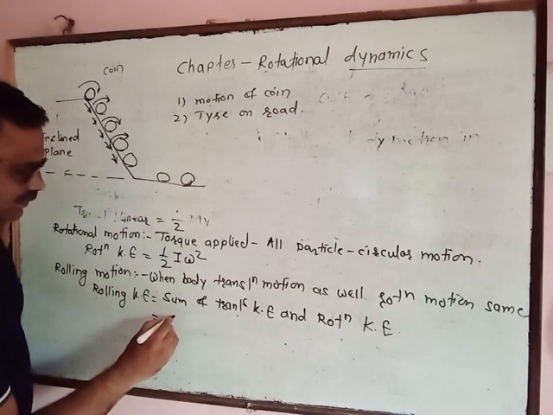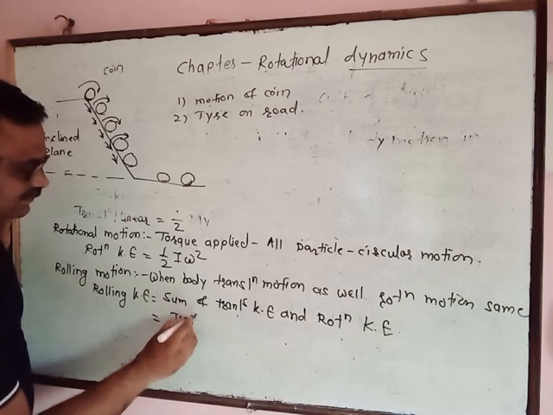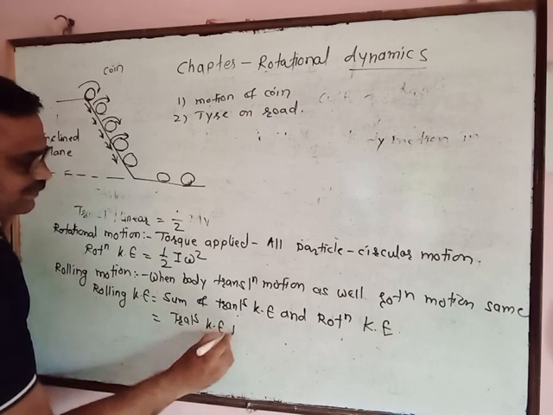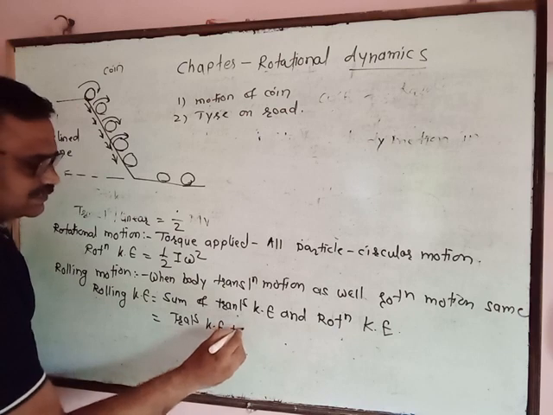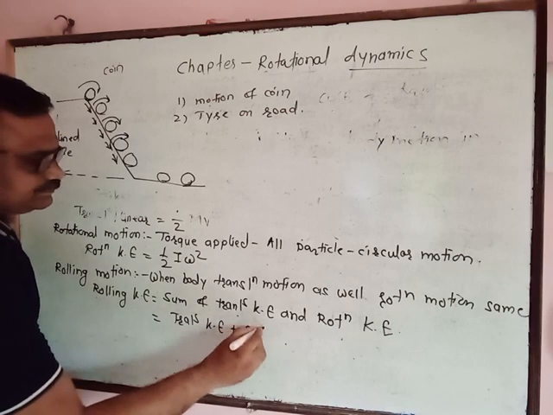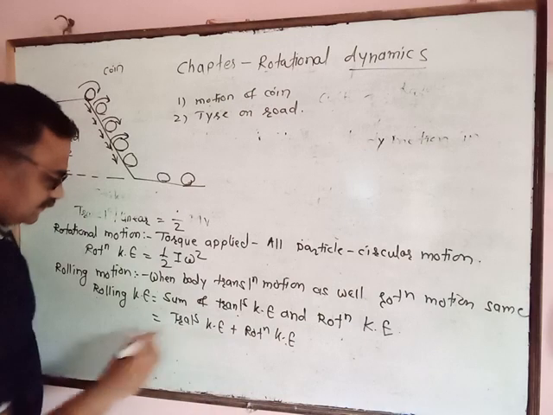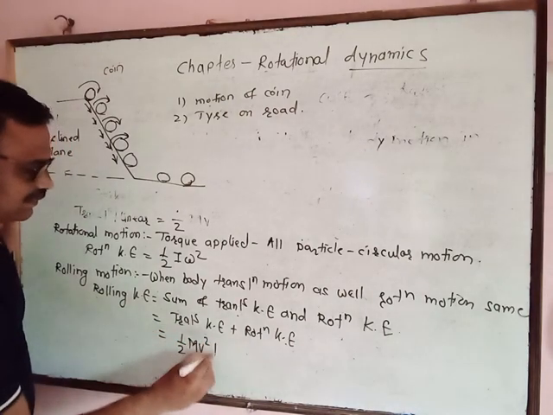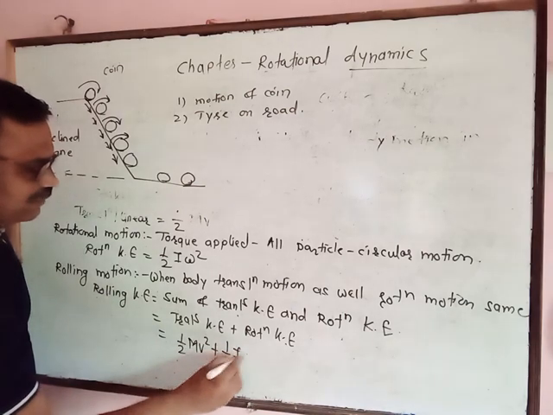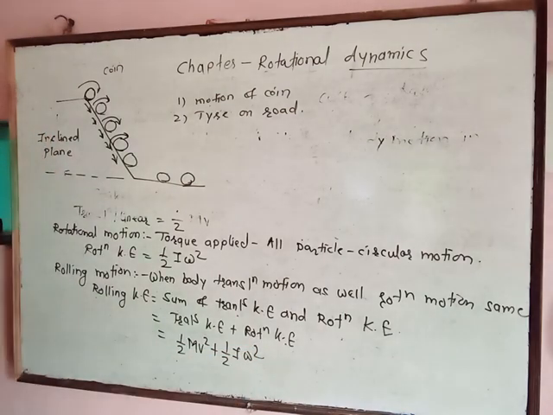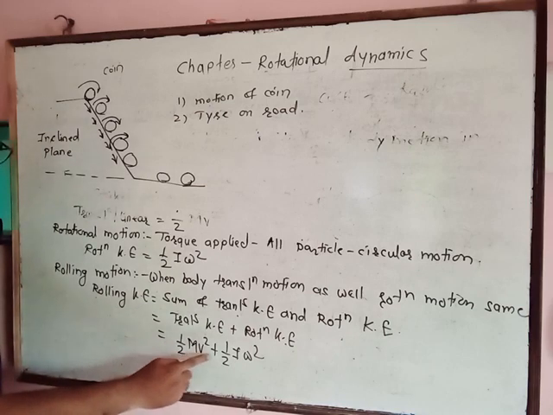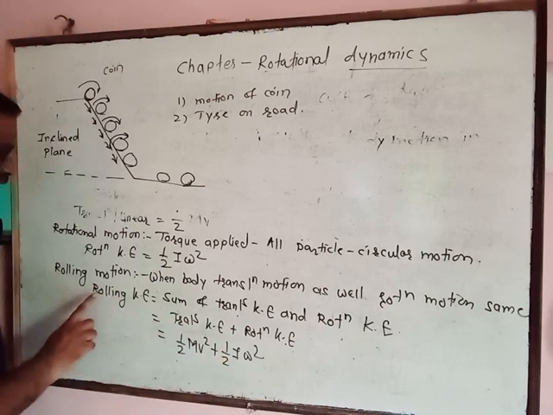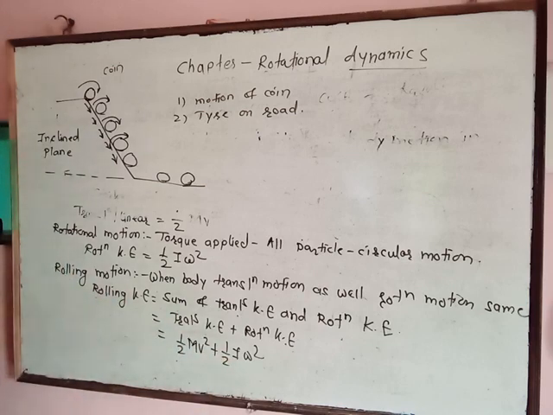Therefore translational kinetic energy plus rotational kinetic energy, that means 1/2 m v square plus 1/2 I omega square. This is the expression for rolling kinetic energy. Translational plus rotational is equal to rolling kinetic energy.